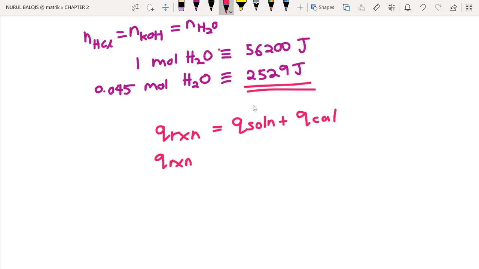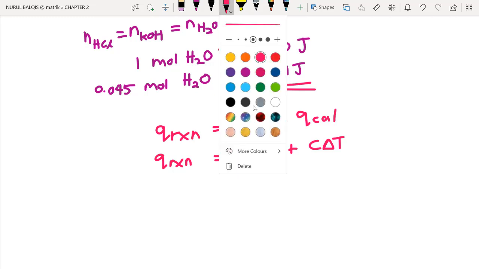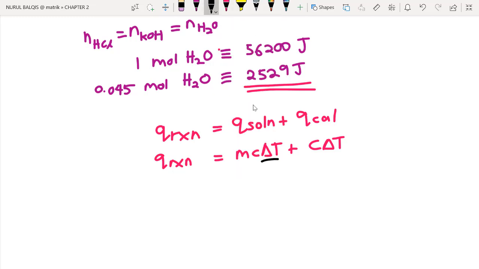So our Q reaction is mc delta T plus capital C delta T. We're going to first find this delta T and substitute everything else.